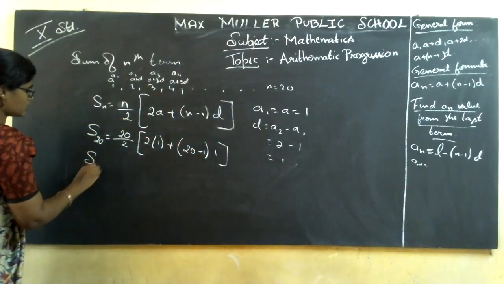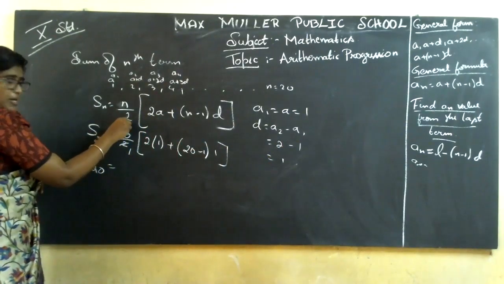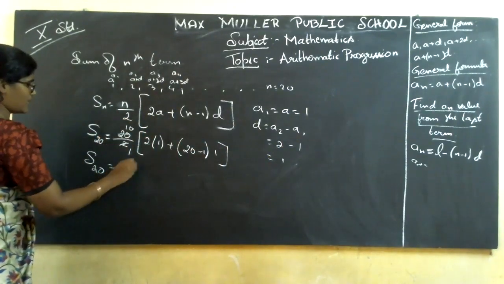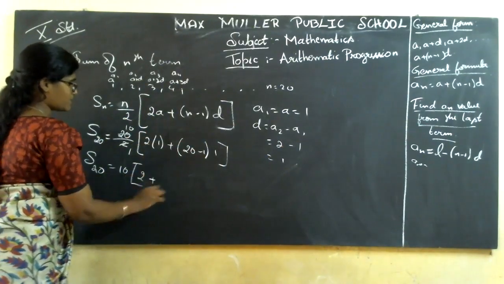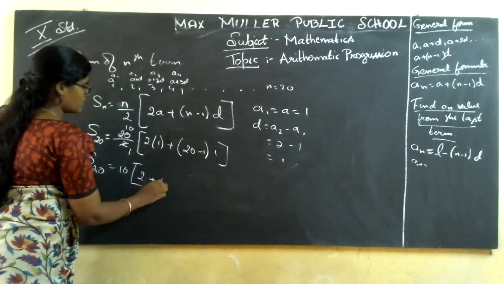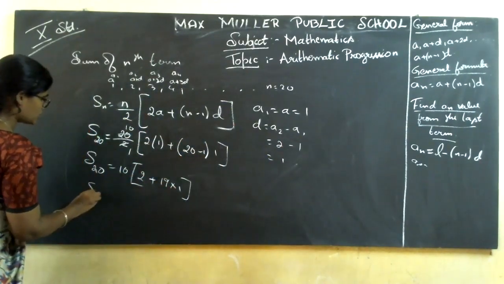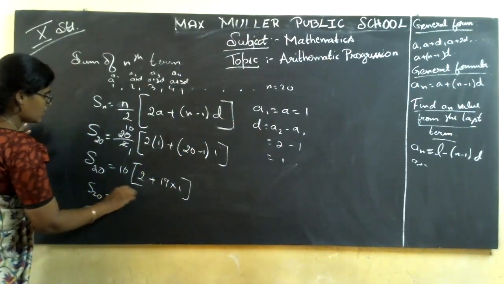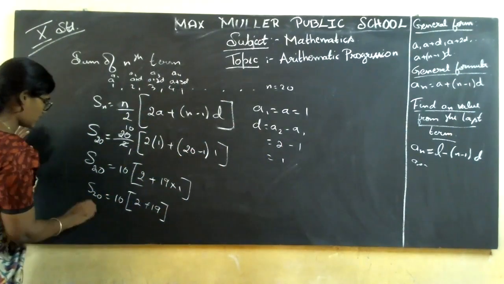So S20 is equal to 20 by 2, that is 10, into 2 into 1, plus 20 minus 1 is 19 into 1. So S20 will be equal to 10 into 2 plus 19. 2 plus 19 is how much, children?